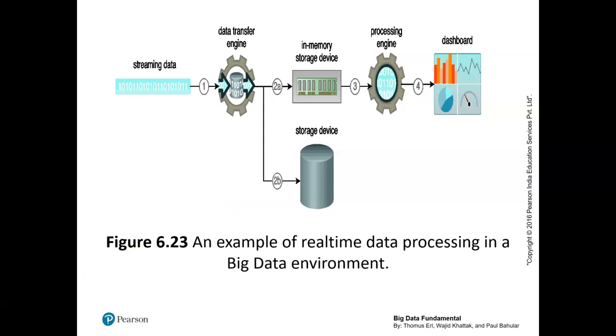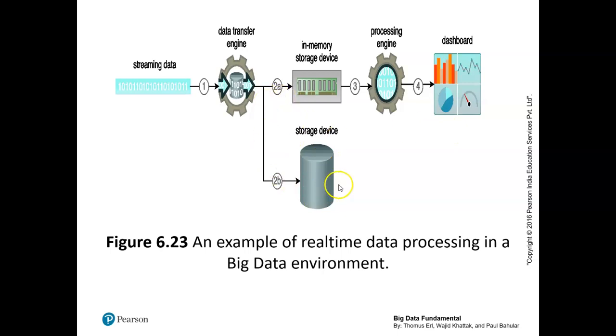And here is an example of real-time data processing in a big data environment. We can see that the streaming data is input into the data transfer engine, and after that it goes into the in-memory storage device. This is the diagram for the in-memory storage device, and after it has been processed, it goes to the dashboard, meaning a visualization.